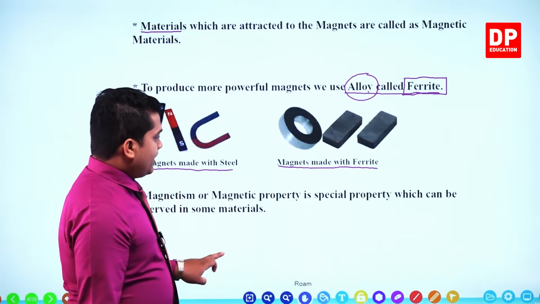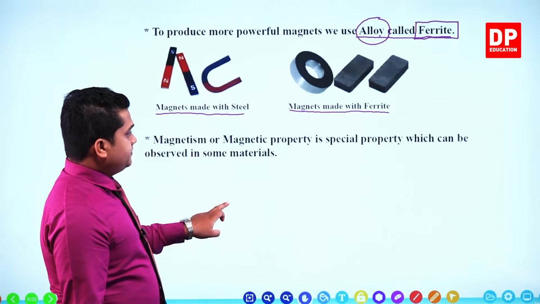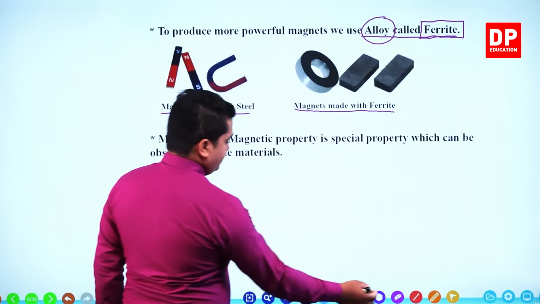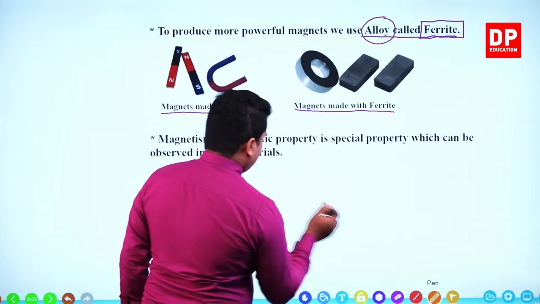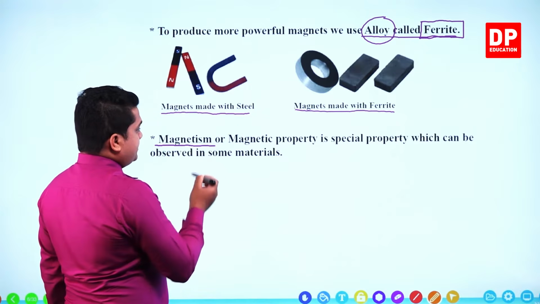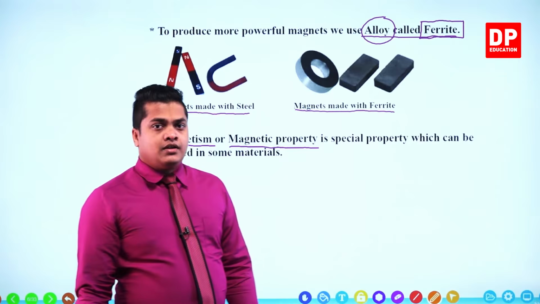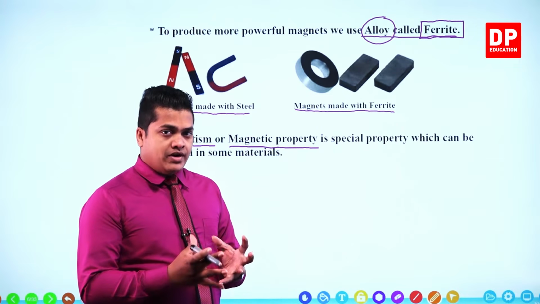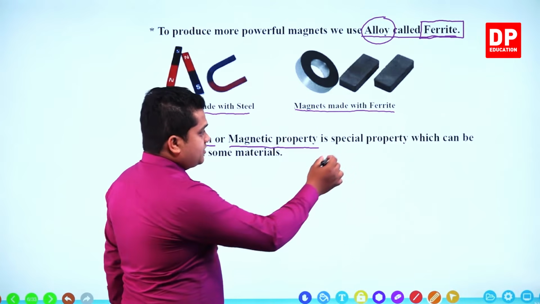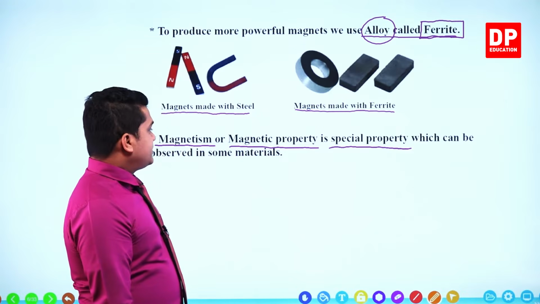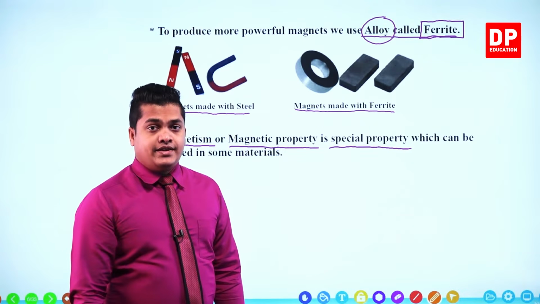So here you are given another point. Magnetism, or the magnetic property, is a special property which can be observed in some materials.